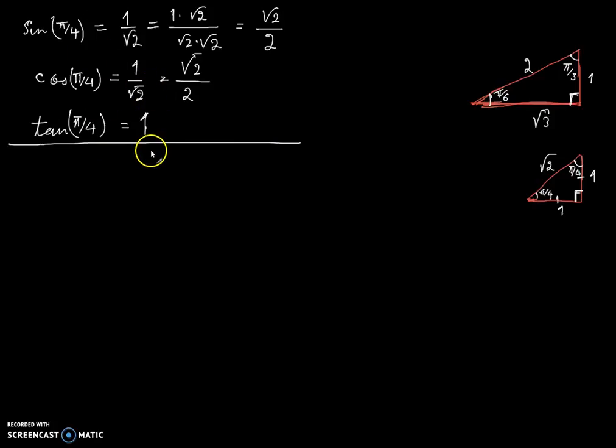Now let's move on to pi by 6, 30 degrees. So sine pi by 6 is opposite by hypotenuse, which is 1 by 2. Cos pi by 6 is equal to adjacent by hypotenuse, which is root 3 by 2.